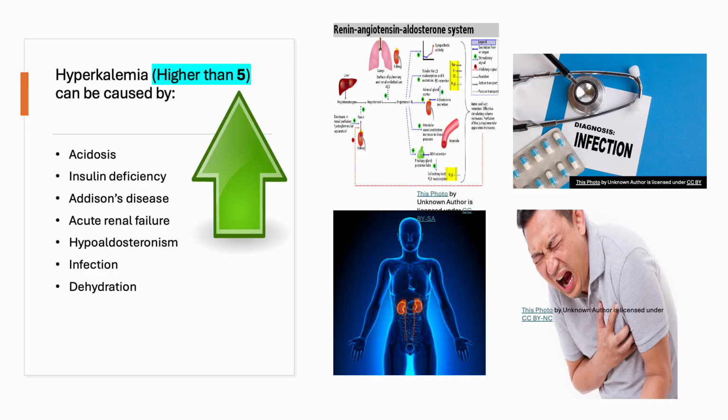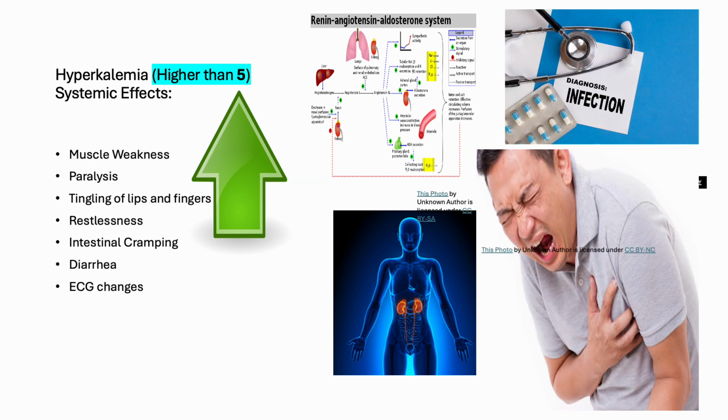Increased levels of potassium are seen in acidosis, insulin deficiency, Addison's disease, acute renal failure, hypoaldosteronism, infection, and dehydration. Systemic effects of hyperkalemia, or potassium levels higher than 5, are muscle weakness, paralysis, tingling of lips and fingers, restlessness, intestinal cramping, diarrhea, and ECG changes, narrow and taller T waves.